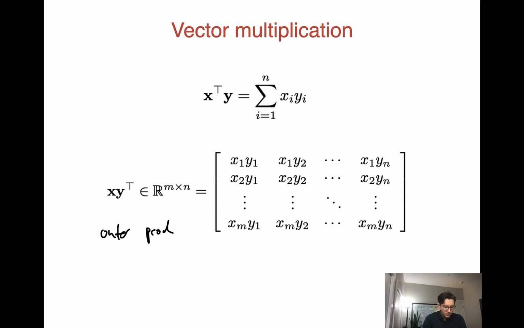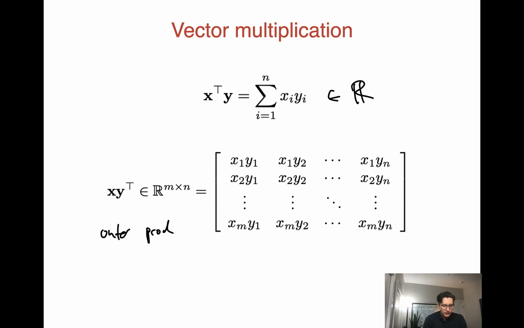This, by the way, an inner product, notice that this is a sum of products of scalars. So this thing is a scalar, that is, it's in R with no exponent. This thing here is a matrix of dimension m times n, which are the dimensions of x and y respectively.